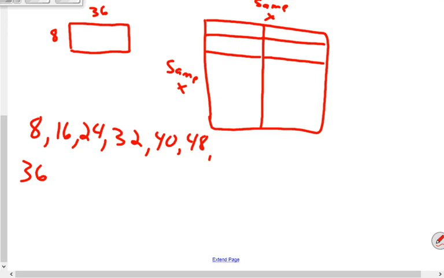Because 36 plus 36 is actually 72, so I'm just going to keep going. 56, 64, 8 times 8, and then 72. Look at that. I got my LCM.